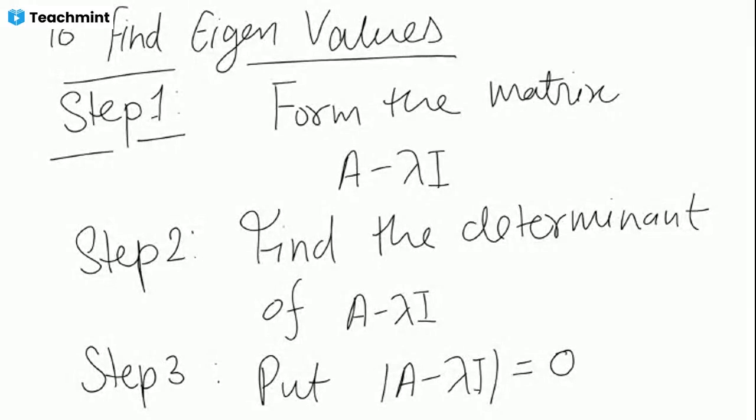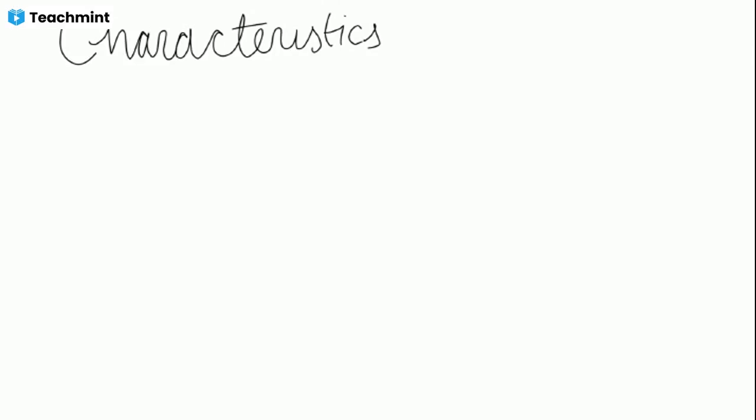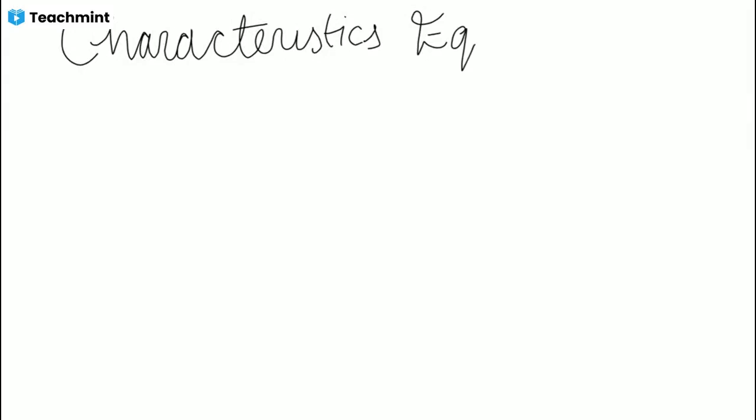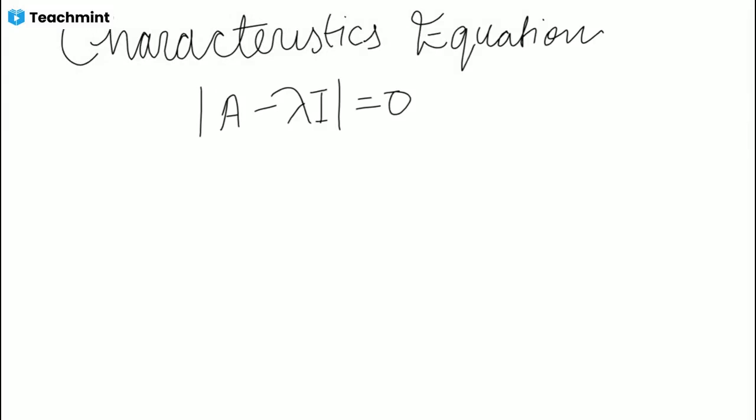This is the required characteristic equation. This equation is said to be the characteristic equation. Determinant of A minus lambda into I is equal to 0.